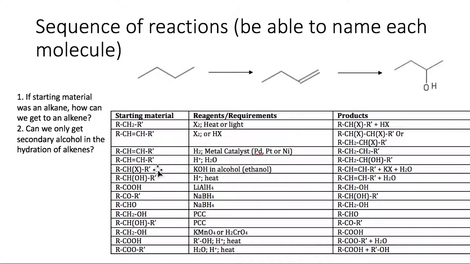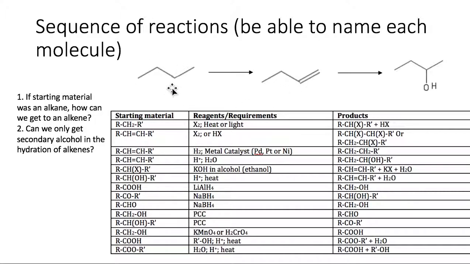What reaction is this? This will be a dehydrohalogenation reaction. So you react your alkyl halide with KOH, potassium hydroxide, and alcohol, and then ta-da, you have your alkene.